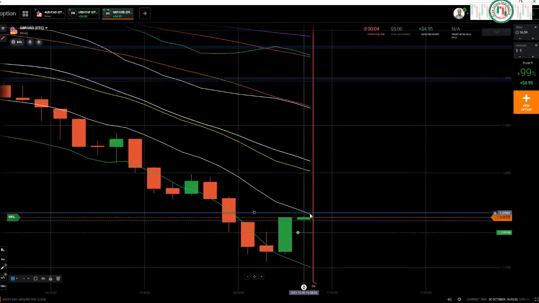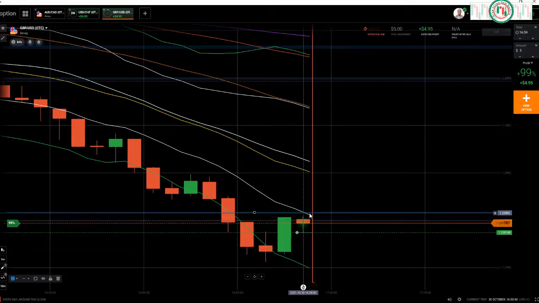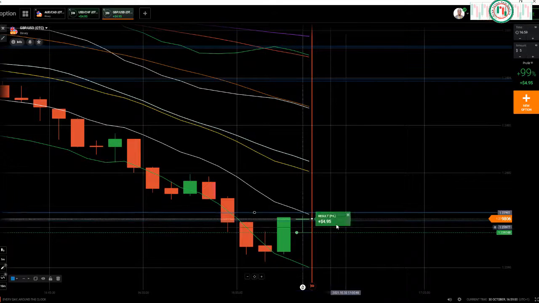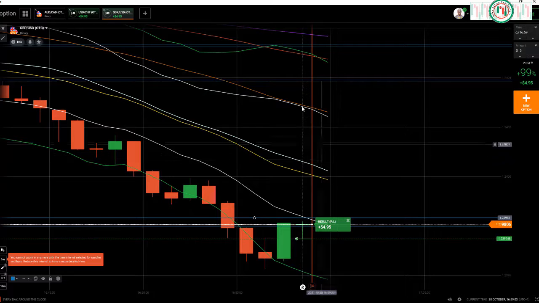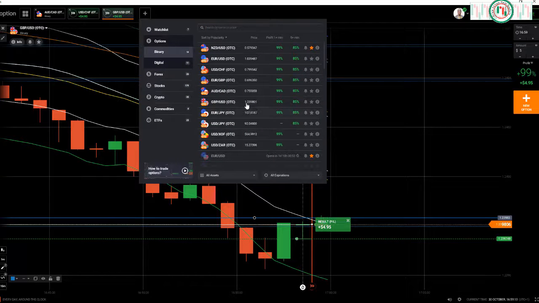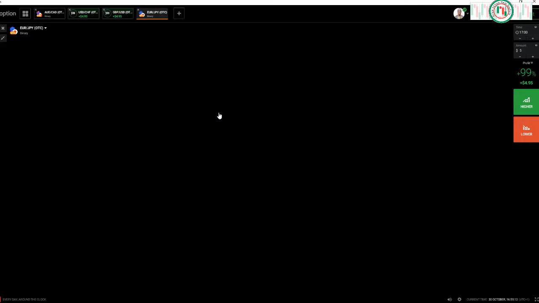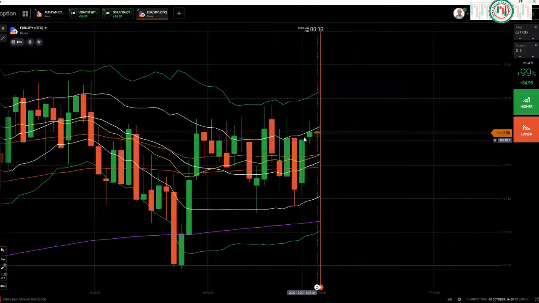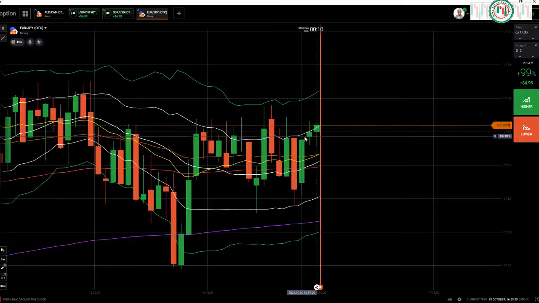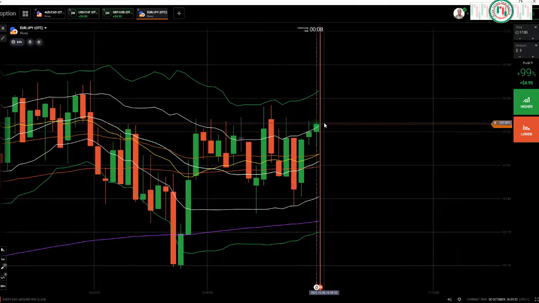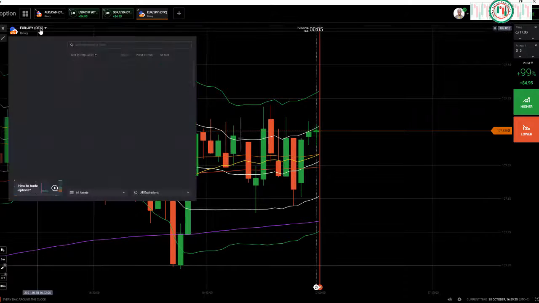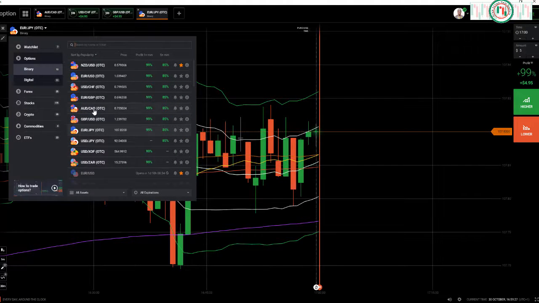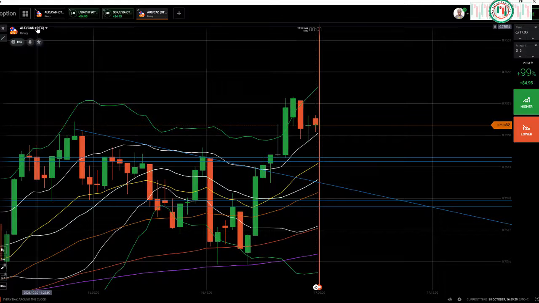You see, this is a weak candle like a doji, so I know definitely the market will not pass that level, even though we are in a major downtrend. But here is not a nice market, anything can happen at this type of market, so don't trade this type of market because it's going anyhow.